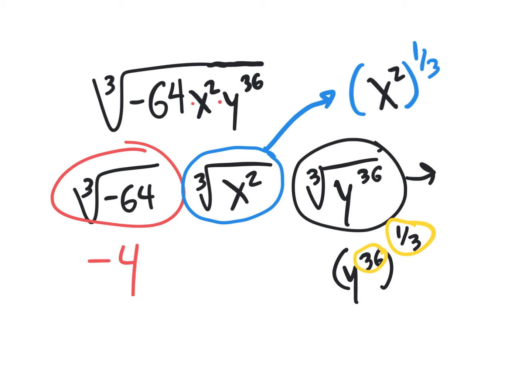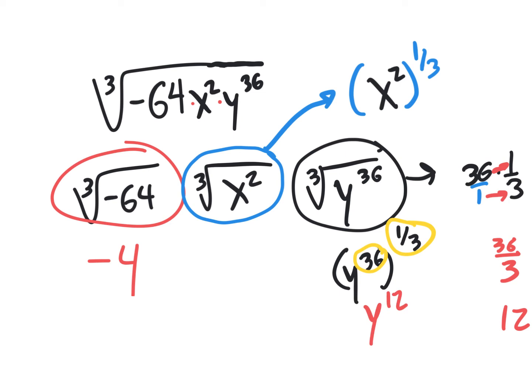I'm not sure if you guys really get this, but let me show my work here. 36 times 1/3, you're going to have to put the 36 over 1, and you can multiply the top with the top, that'll be 36, the bottom with the bottom, that'll be 3, and 36 divided by 3 is 12. So when I say 36 times 1/3, we're going to get 12. That is our answer. So we have y to the 12th.